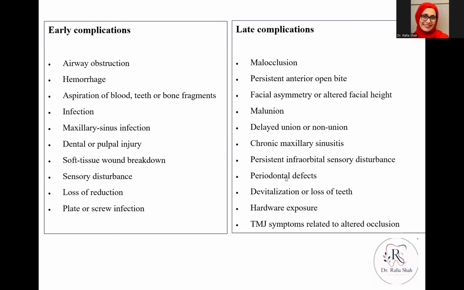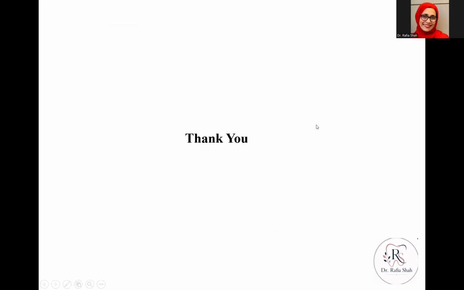If we did not ask the patient to follow the post-op instructions, like oral hygiene maintenance, or we asked and the patient did not follow them, then the patient may get periodontal problems, devitalized teeth, exposure of the hardware which we have given to the patients, and TMJ related problems. So these complications may arise if the patient is not properly treated.